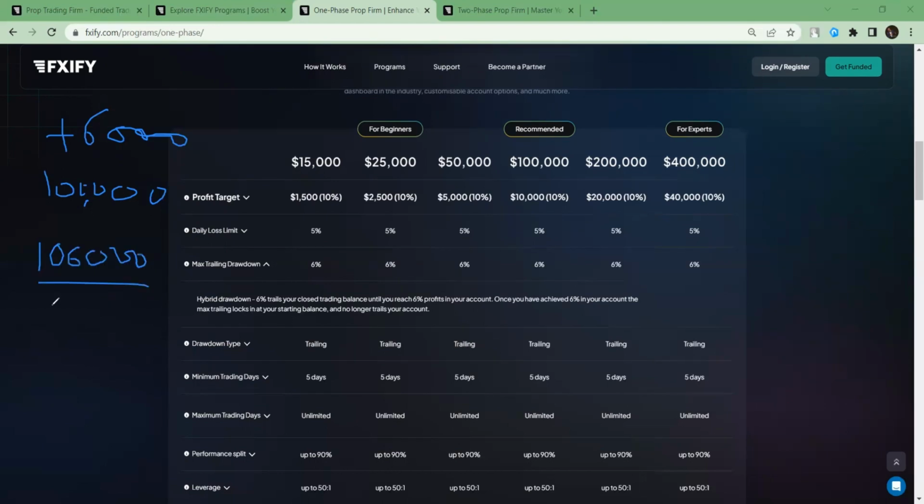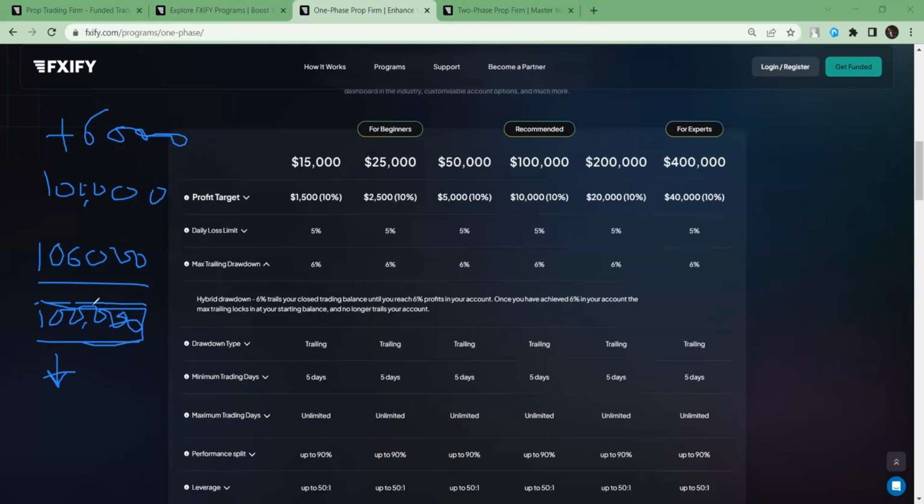It means your drawdown will lock at 100K. It will lock at 100,000, which means you don't have to make any losses below that. You get what I'm saying? This is your max drawdown, which means you can play around and lose 6,000, but you don't have to go below this.